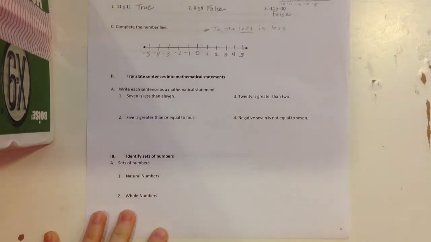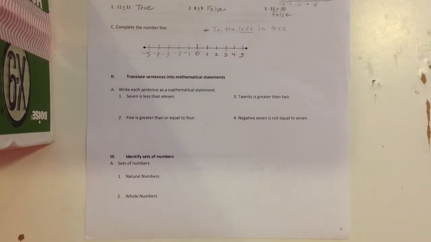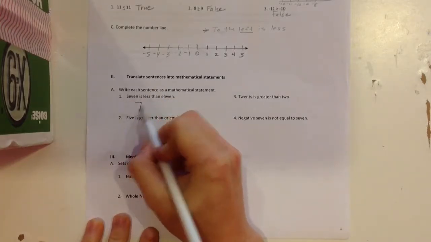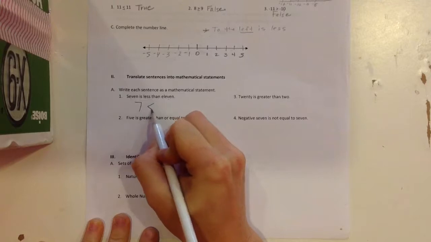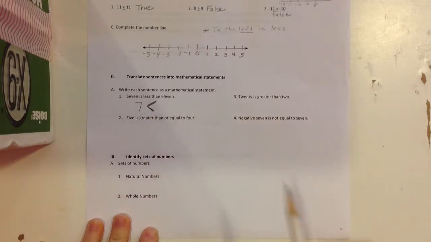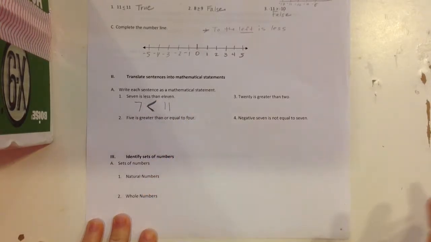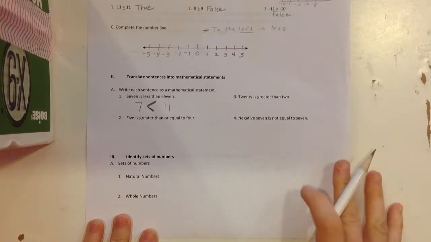Now this one might be tricky because we talked about the different symbols, but we haven't written them out, just written them down to begin with. So I have 7, and the is less than looks like an L. Anytime you see the less than symbol, think of that L shape, and you know which one's the less than. So 7 is less than 11. Now, they're not asking you whether it's true or false. They just want you to write it down.